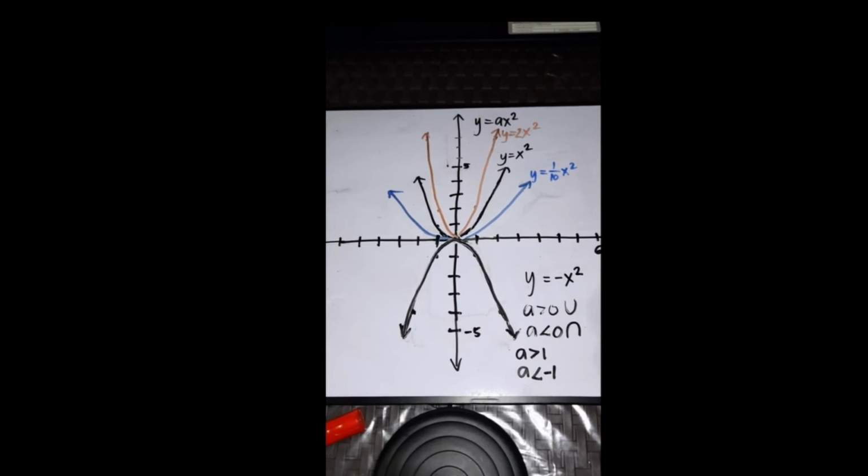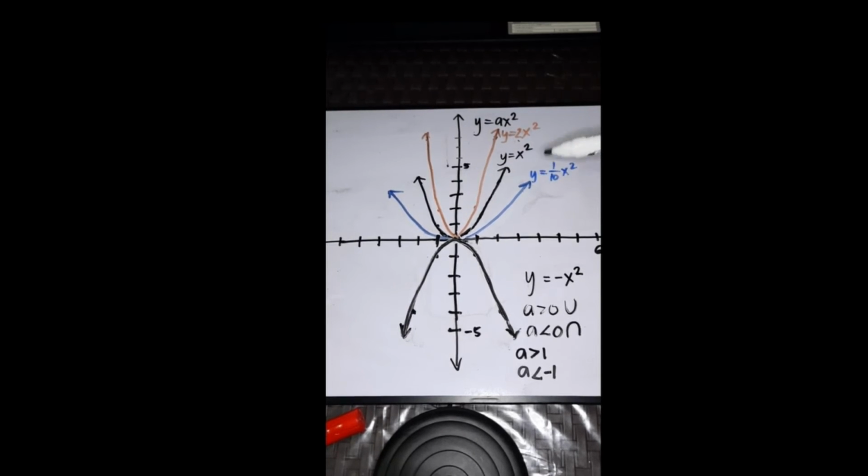The opening of the parabola is narrower, just like in the case of y is equal to 2x squared. Our a is 2. It is greater than 1. So the opening of the graph is narrower compared to y is equal to x squared.